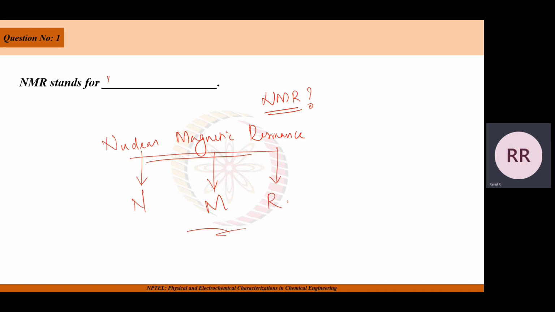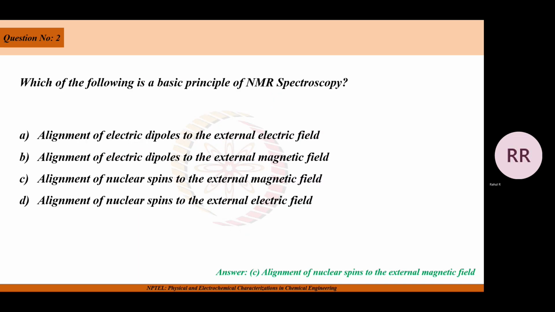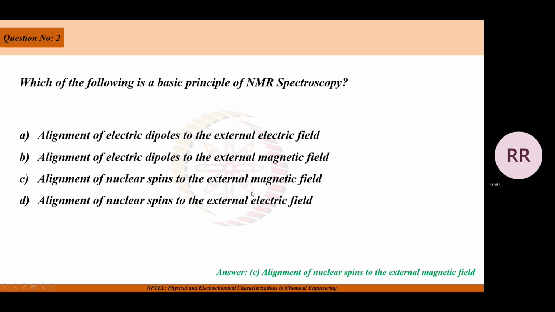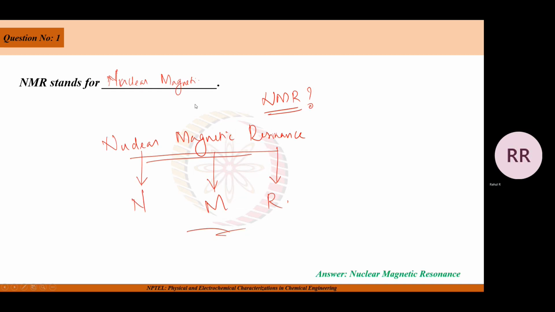So the answer is nuclear magnetic resonance.